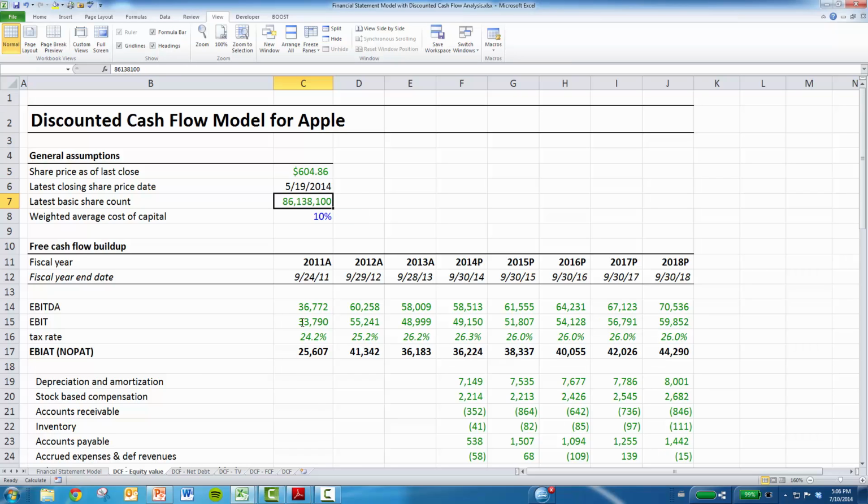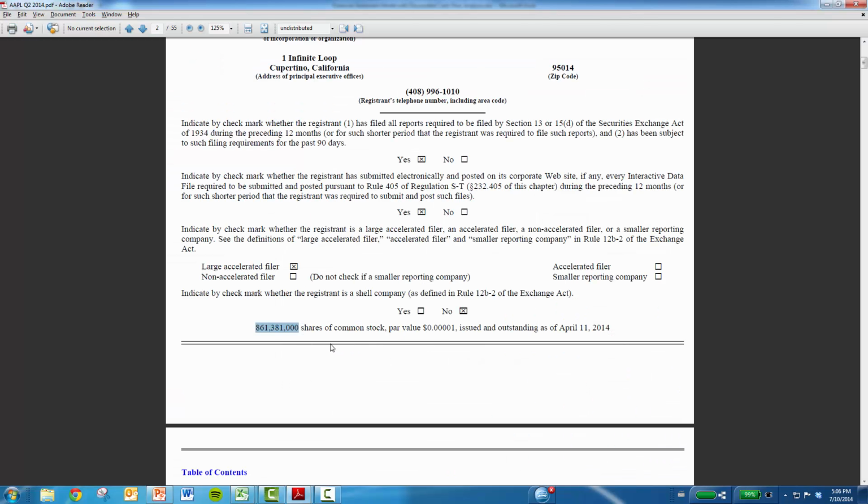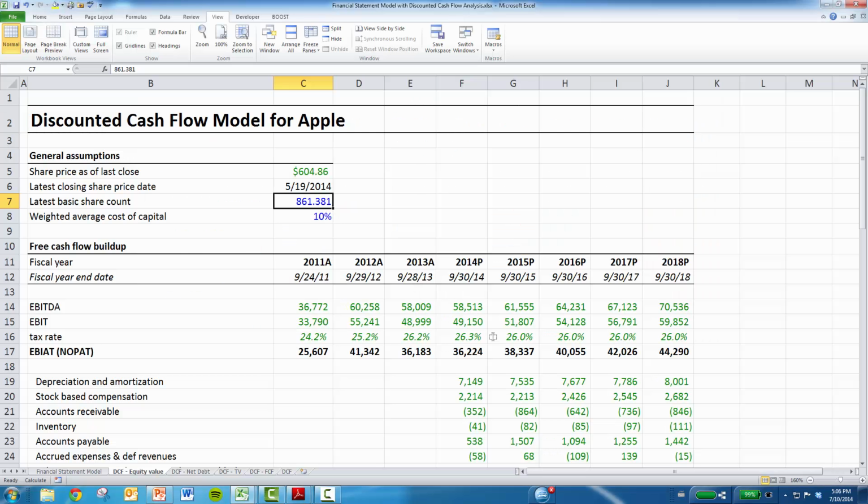Let's just shift the decimal places. Again, I'm using Boost. For those that don't have it, you'd have to just hard code a period in there. And so we're using millions for share counts as opposed to the full number here. Latest basic share count.